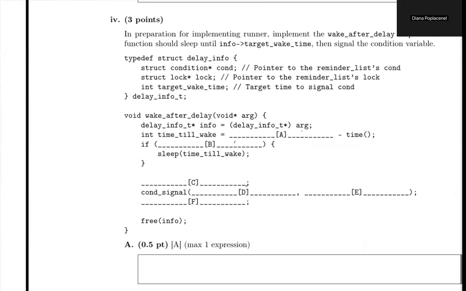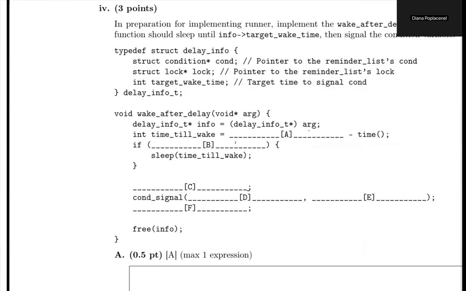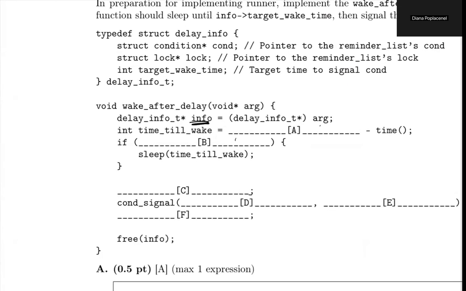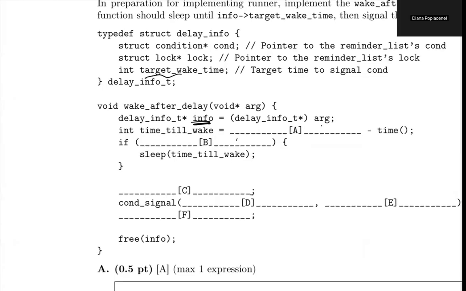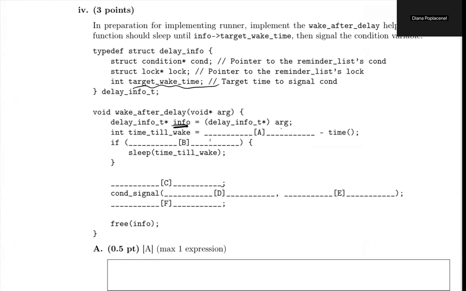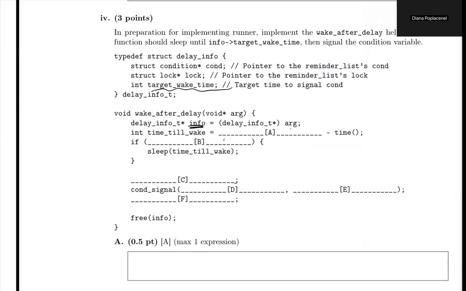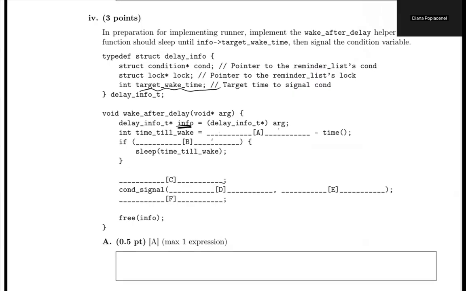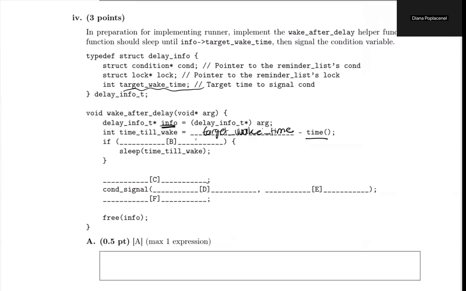Okay, so when we run wake after delay, we're given a delay info arg, and we note that there is already a target wait time here. So if we're trying to calculate the time until we should wake up, we can subtract the target wake time from the current time.